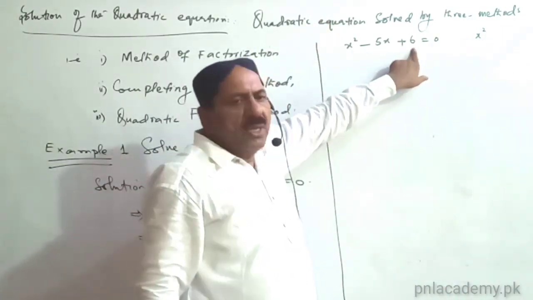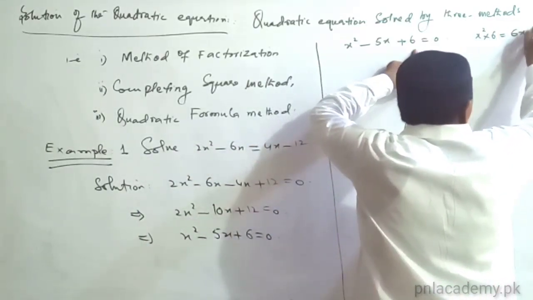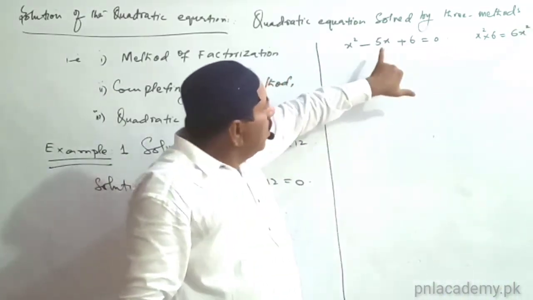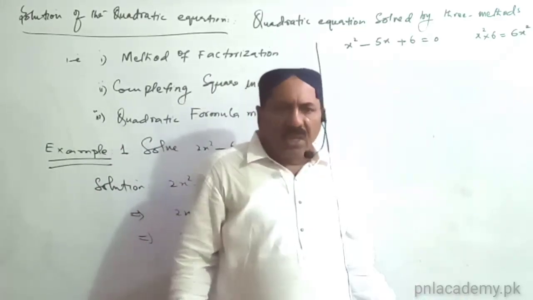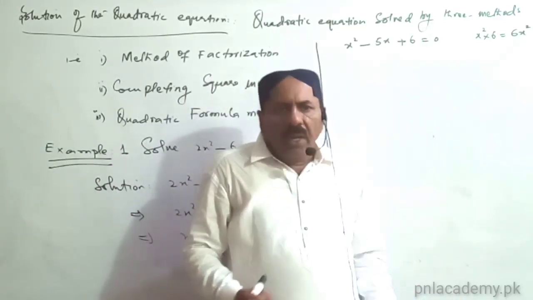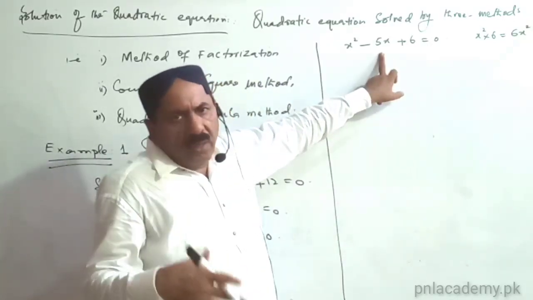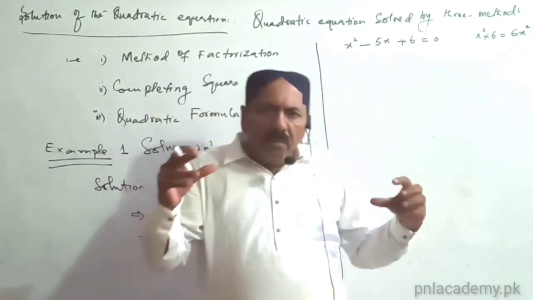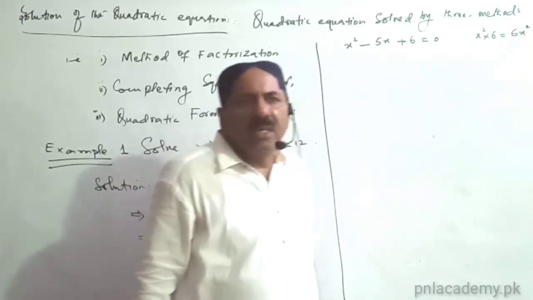This is the last term, 6. 6 into 1 is 6x square. So you have to break the middle term in such a way that if we add the broken terms, the result should be the middle term. If we multiply the broken terms, the result should be 6x square.